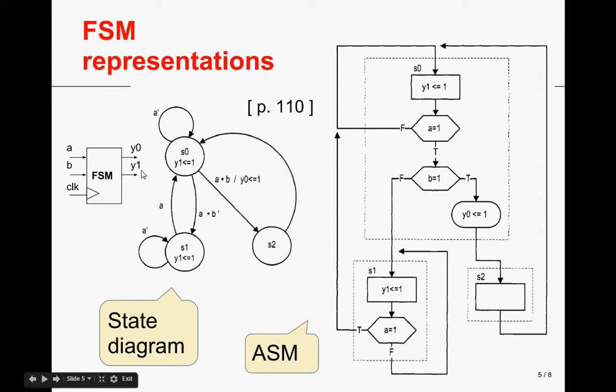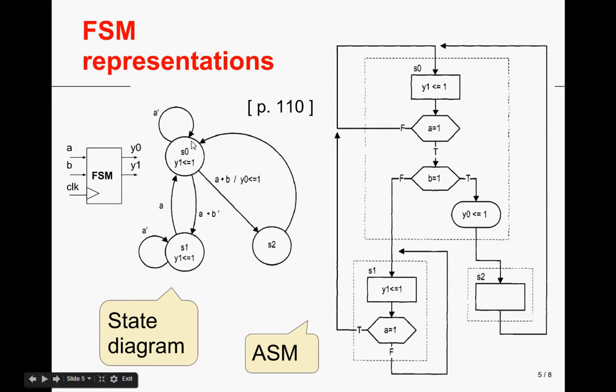So this is a Moore output in the case of Y1. On the contrary, in the case of Y0, what the diagram tells us is that if we are in state S0 and inputs A and B take the value of 1, then output Y0 will take the value of 1. So this is the Mealy output.